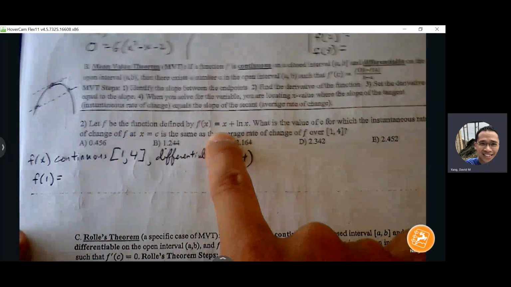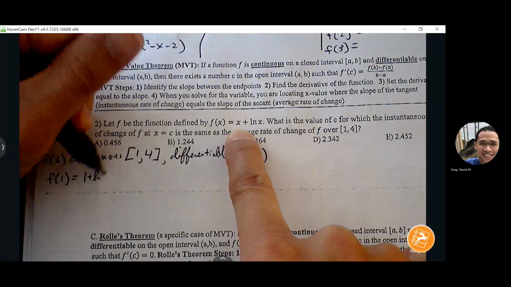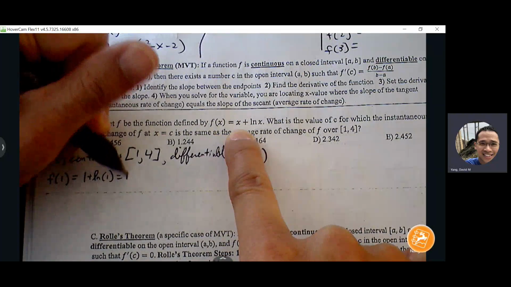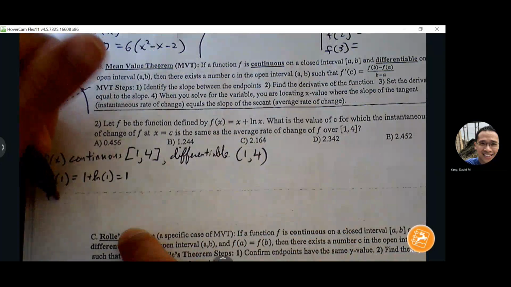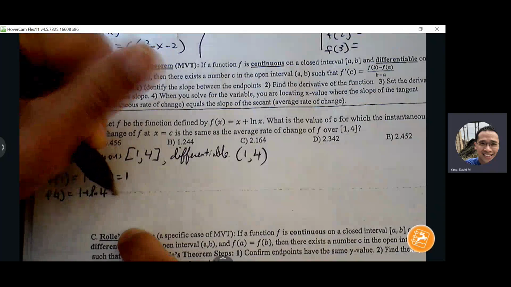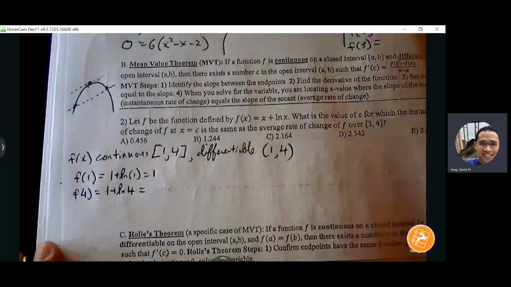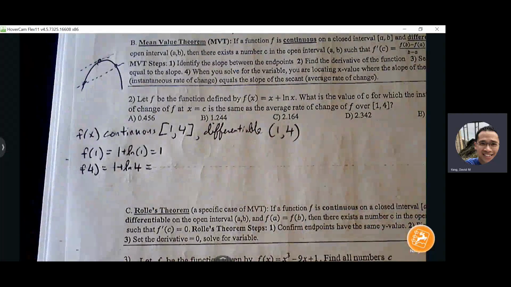So we insert 1 into the function here, 1 plus natural log of 1. Natural log of 1 is 0, so 1 plus 0 is 1. Okay, we're going to need our calculator here. 4 plus natural log of 4. Natural log of 4 is not going to be a nice whole number value for us. It's going to be a decimal value.